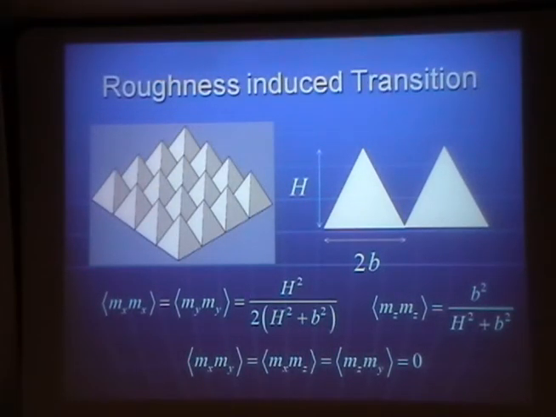Okay, for the first part of my talk, this is the last slide I'm going to use. This is just a particular example of how that hard regime can be used. The height of this square cone is capital H, and the base is 2B.